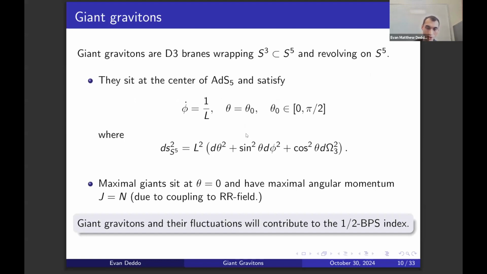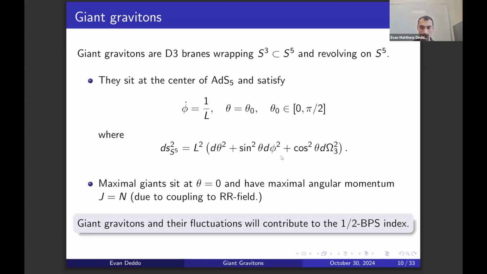Giant gravitons are D3 branes which wrap an S3 inside S5 and revolve around on the S5. We can understand this better by looking at the metric for S5 here in this particular coordinate system. We have a part of the metric that just corresponds to a 3-sphere, and then this is fibered over top of a 2-sphere.